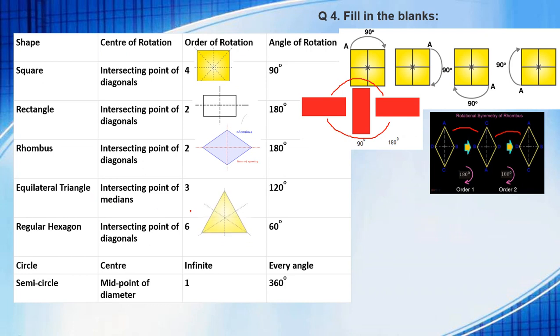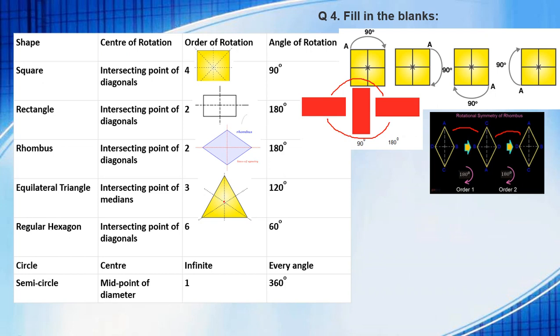Next is the equilateral triangle. We know that the number of lines of symmetry in an equilateral triangle is 3. So its center of rotation is the intersection point of its medians.